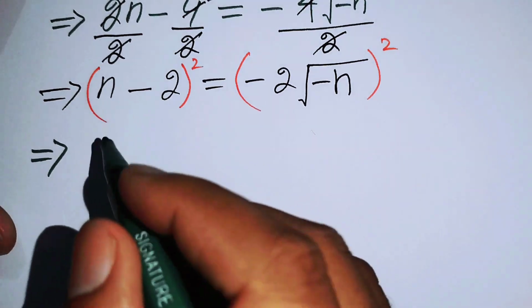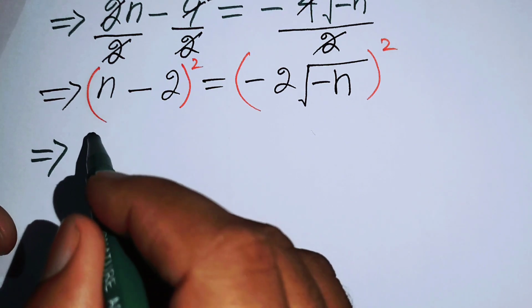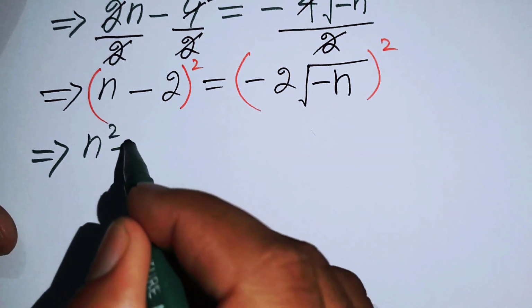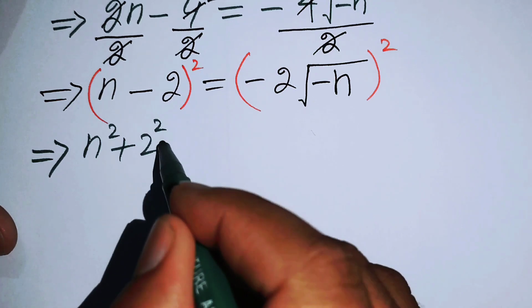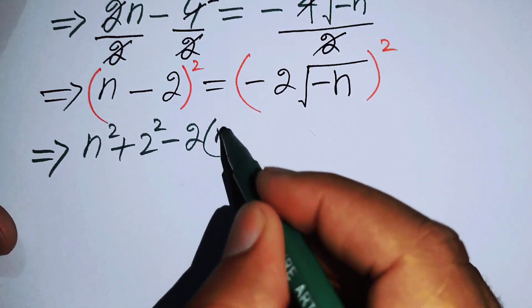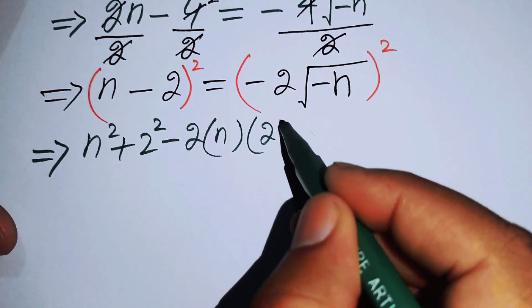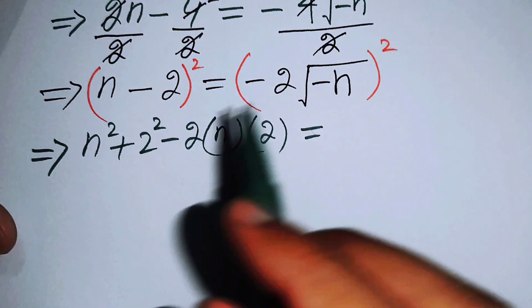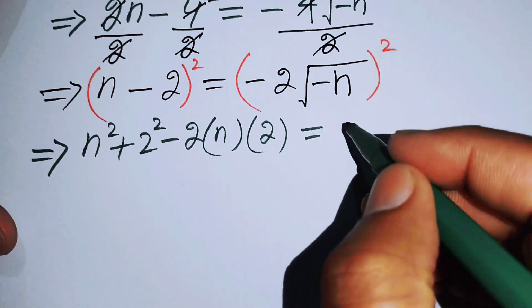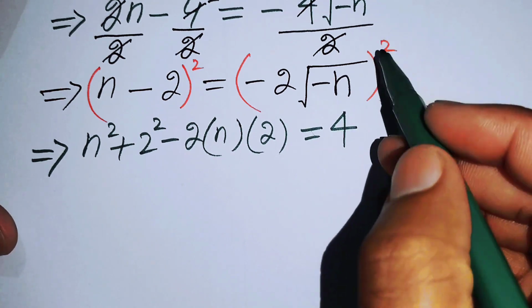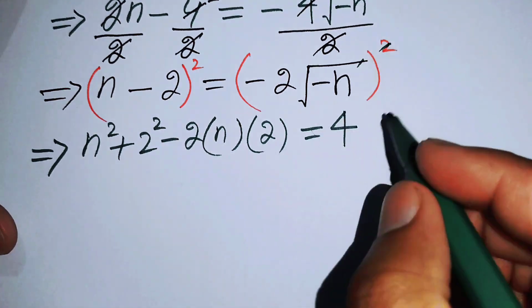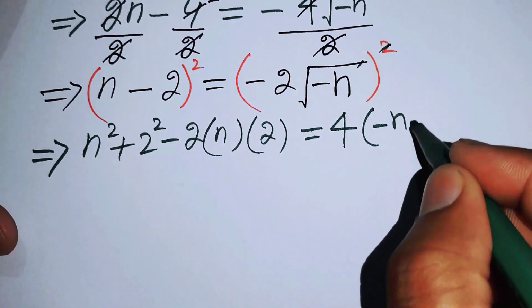The left hand side becomes n² + 2² − 2 × n × 2, and it equals, on the right hand side, (−2)² which becomes 4, and the square and the square root are gone, so you get −n.